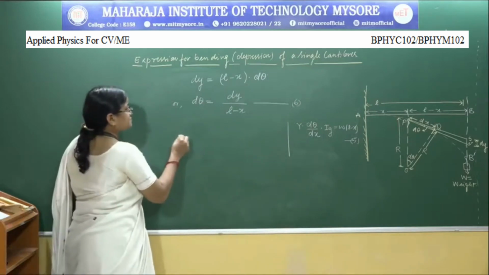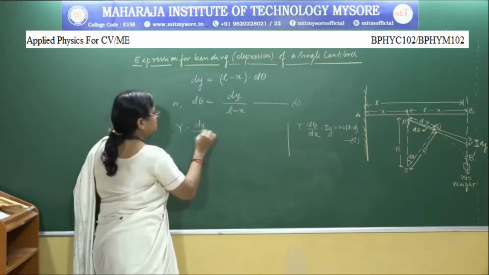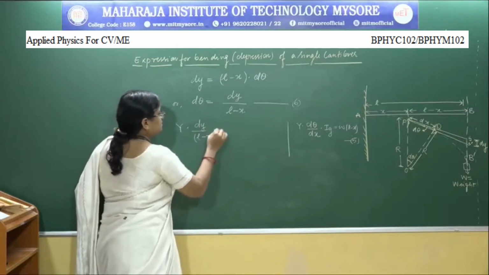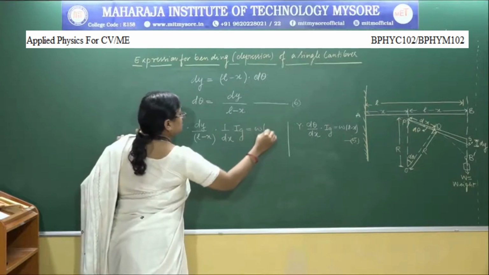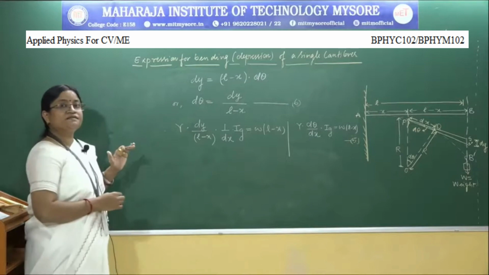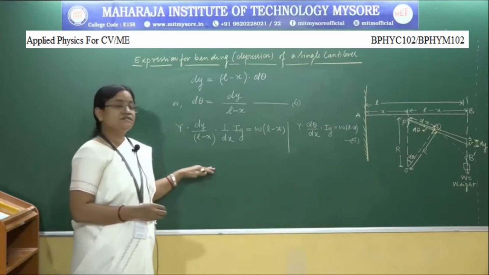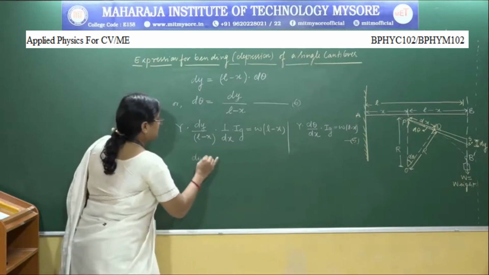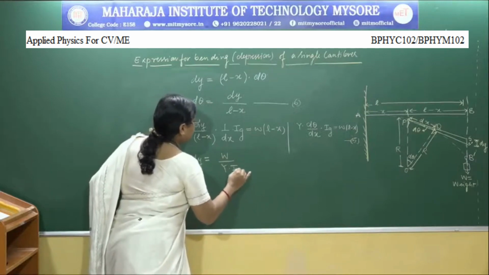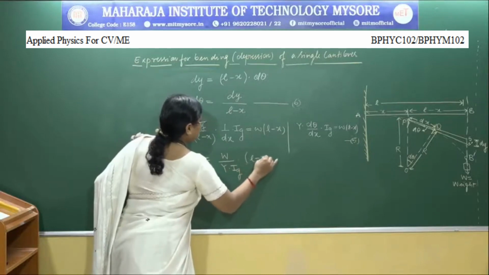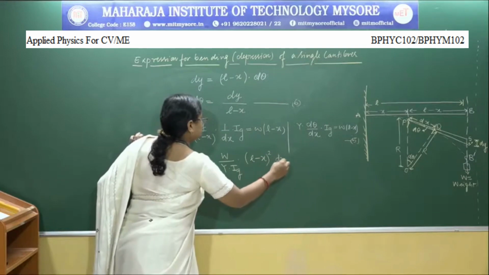So what we get is Y, this is Young's modulus, d theta, which is dy divided by L minus x, into 1 by dx into Ig, will be equal to W into L minus x. So now we will simplify the equation. If we further simplify, we get dy is equal to W divided by Y into Ig, multiplied by L minus x whole square into dx.